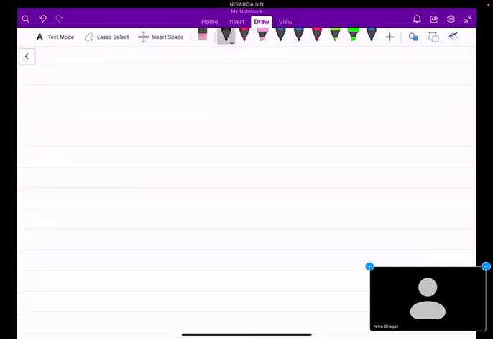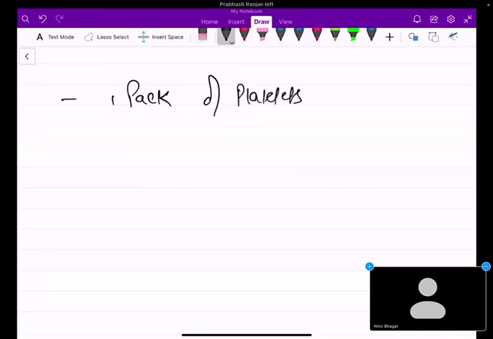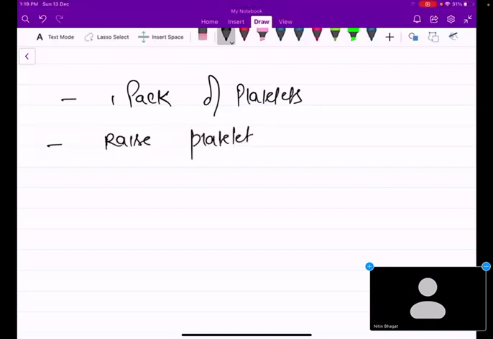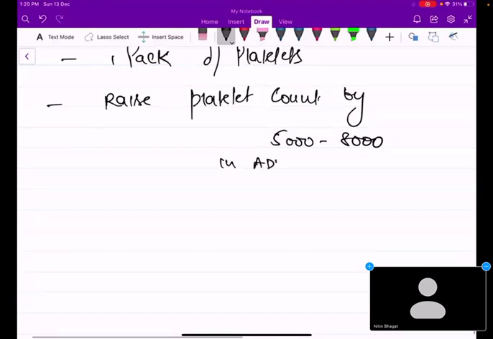Fine. Now, if you give 1 pack of platelets, it will raise the platelet count by 5,000 to 8,000 in adults.